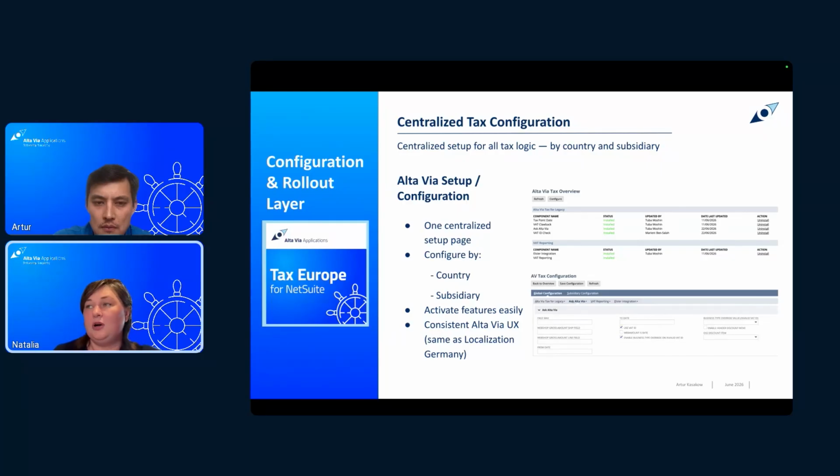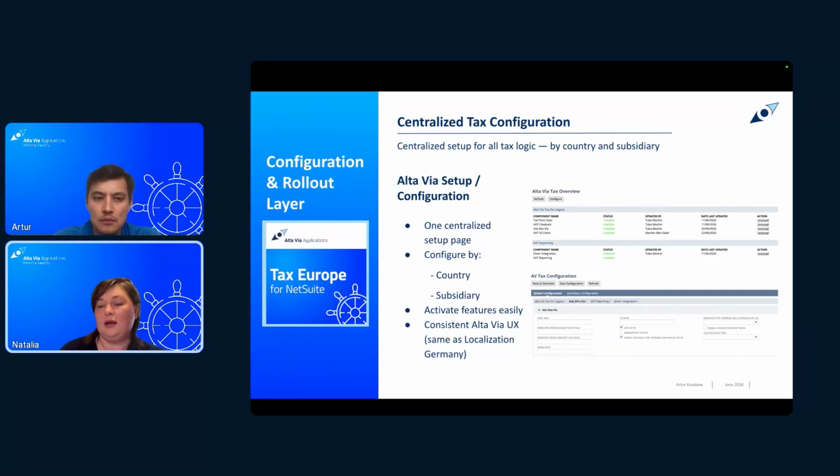And you can configure all countries on one page, all countries and all subsidiaries. Activate features as well. And also, we're very proud that we're trying to make the help pop-up windows really well written, at least in two languages, English and German. We're moving further to other languages as well. But all in all, this is a huge work done by the team, so you can really feel comfortable with how things are configured and how we can control it.